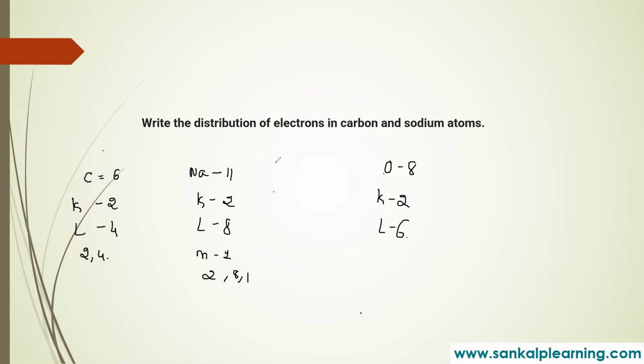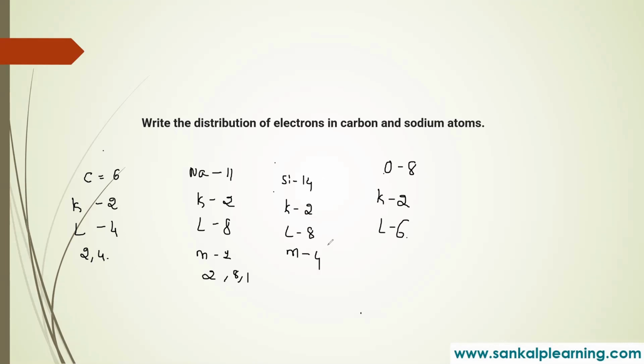For example, for silicon, the atomic number is 14, so there are 14 electrons. K shell takes 2, L shell takes 8. 2 plus 8 is 10, so 4 remain.